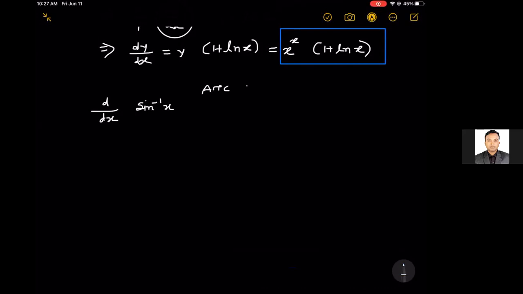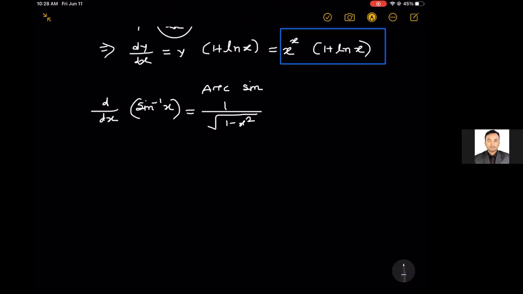Some mathematicians say arc sine, some say inverse sine, some say sine inverse, whichever you are comfortable with. The derivative of it is 1 over square root of 1 minus x squared.